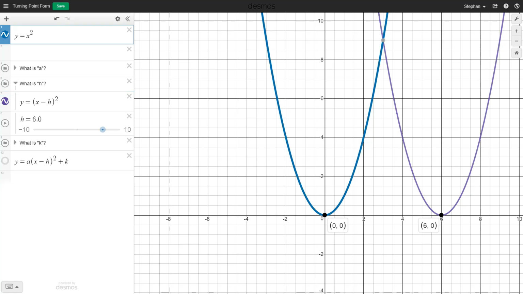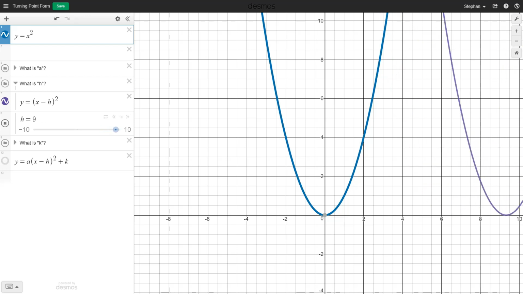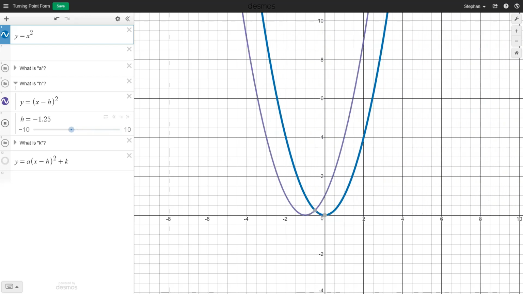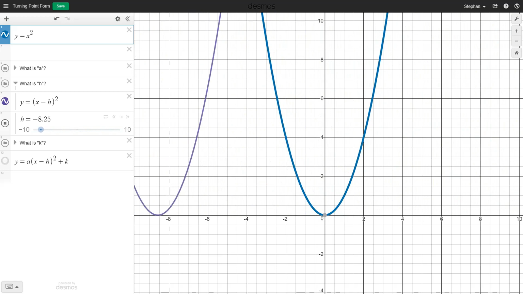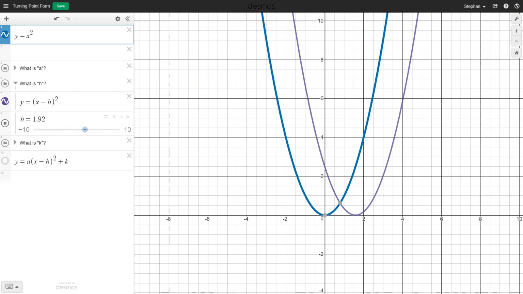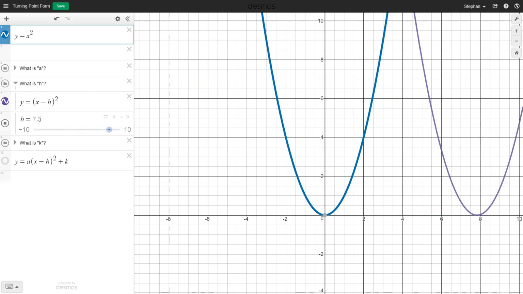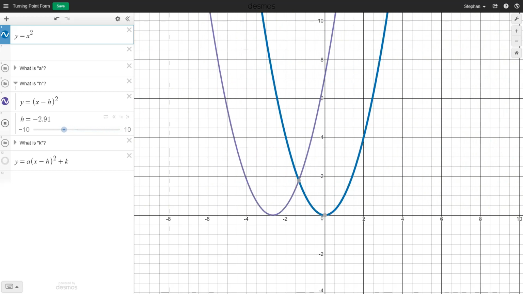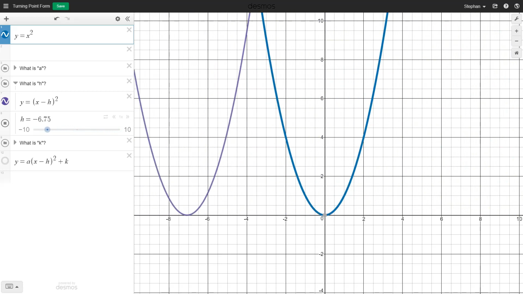So H moves the graph horizontally. You can remember that by H for horizontal. If it's a positive number, the graph moves in a positive direction. And if it's a negative number, I'm sure you can guess, it moves in the negative direction. So H moves the graph positive or negative along the x-axis. This is what's called a horizontal translation.